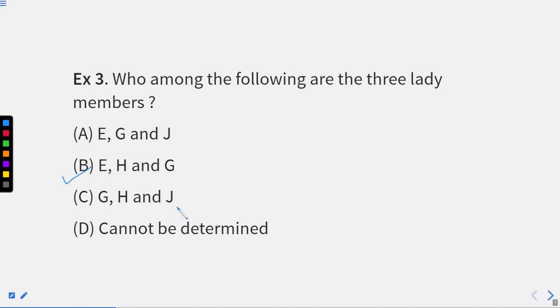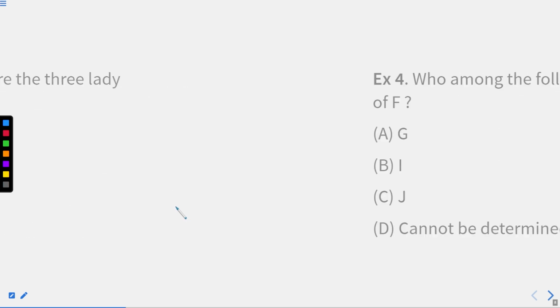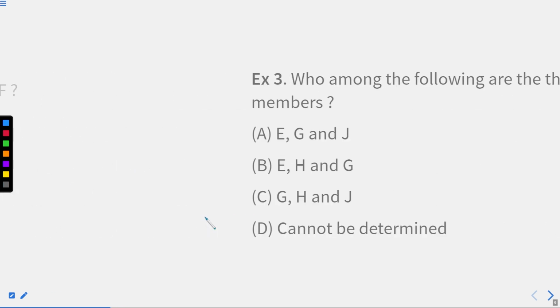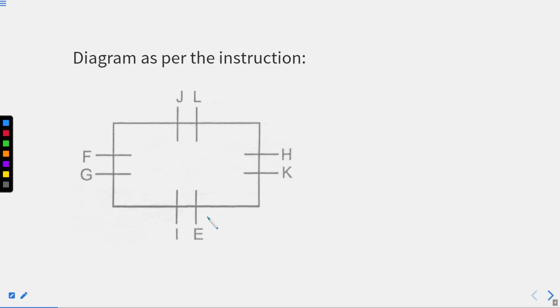Now we are straight away moving to the next question. Question number 4. So what question number 4 is saying? Who among the following is to the immediate left of F? Now we need to figure out who is immediate to the left of F. This will figure out with the help of a diagram, right? Here you can see F is seated on the west side, and who is immediate left to the F?